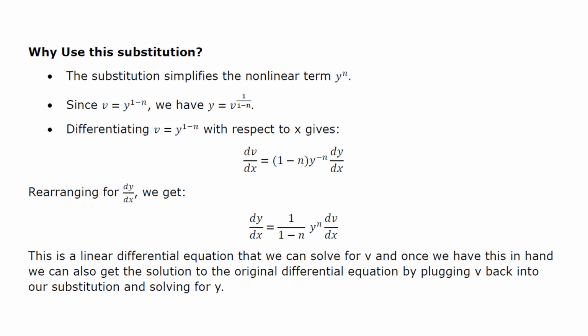And this then is a linear differential equation that we can solve for v, and once we have this in hand, we can also get the solution to the original differential equation by plugging v back into our substitution and then solving for y. So it's very similar to the last problem. It's just another form of substitution when our differential equation is written as a Bernoulli equation.